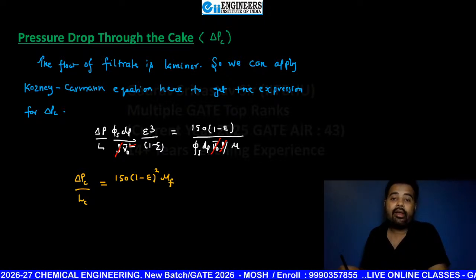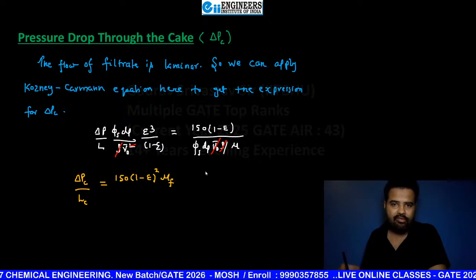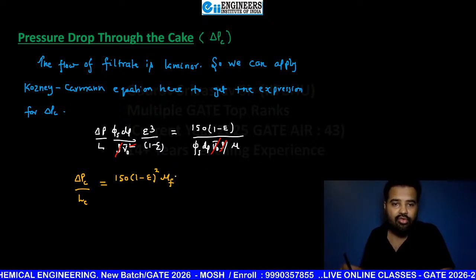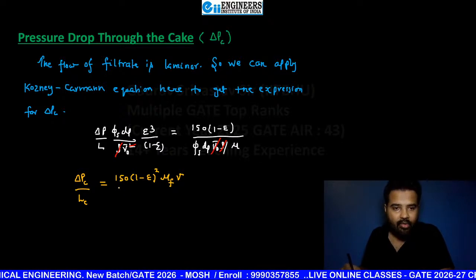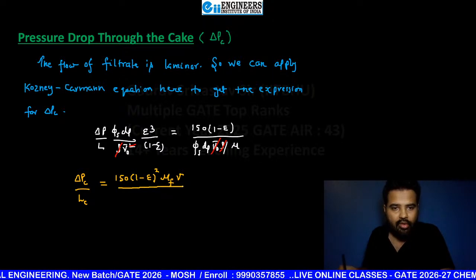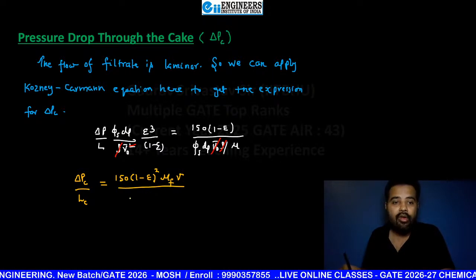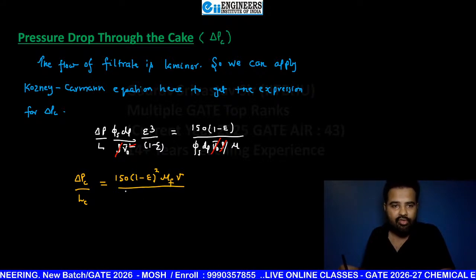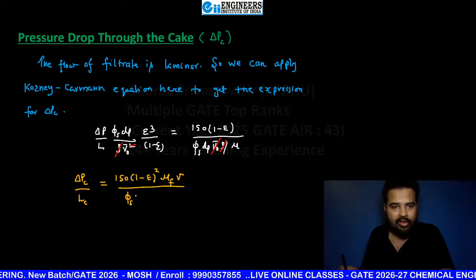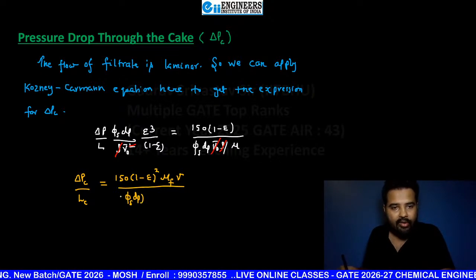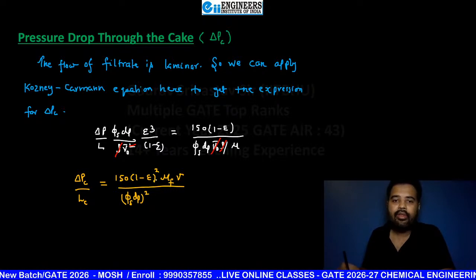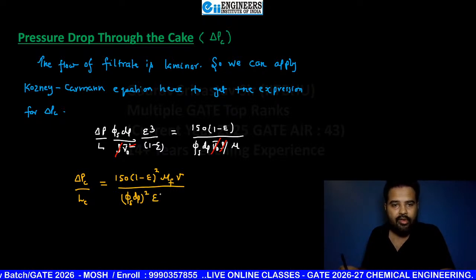Now what is left? One more term is there: V. This is your V, upon whole phi s dp, so you can write phi s dp whole square, and I think only epsilon cube is left.